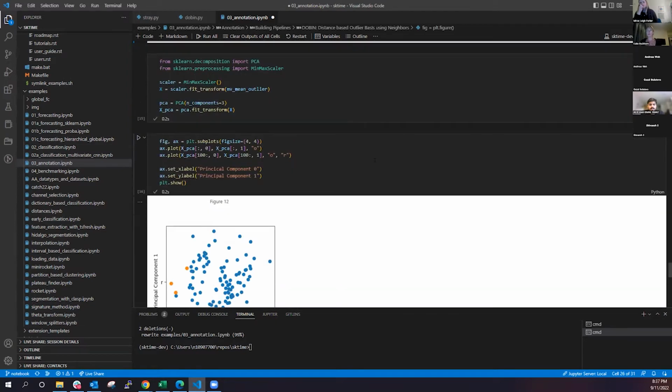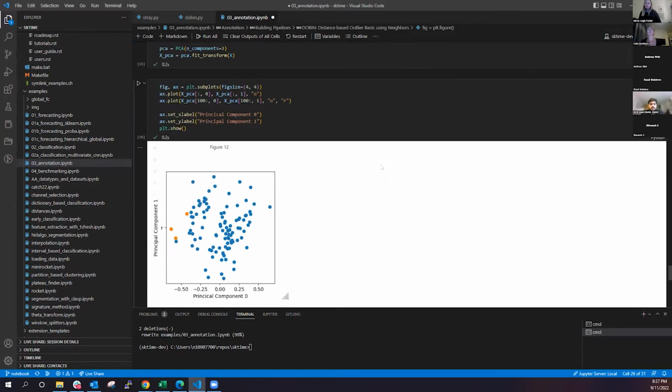But as I said before, we want a dimensionality reduction technique that maintains the outlierness of particular points. And so what this does, instead of maximizing the variance of the data, we look at the distance between the k nearest neighbors and seek to maximize the maximum distances of that set.